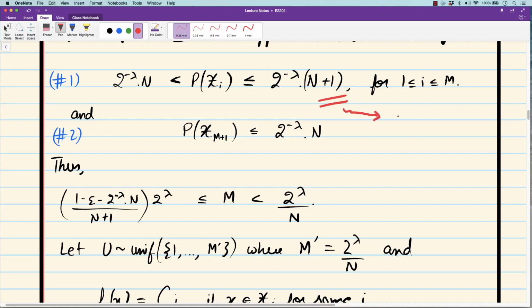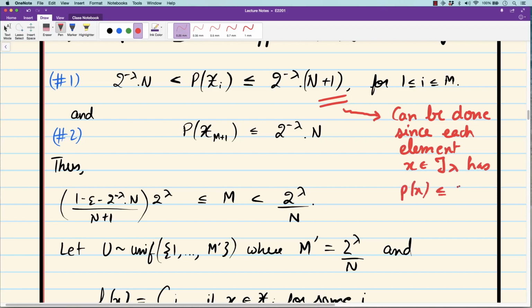Well, the reason is that each element x in T lambda has p of x less than or equal to 2 to the power minus lambda.